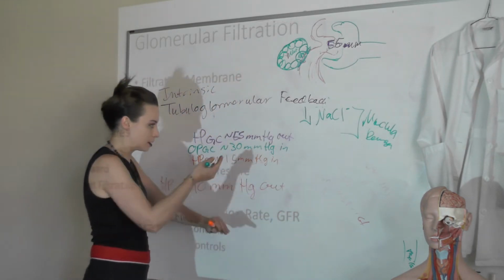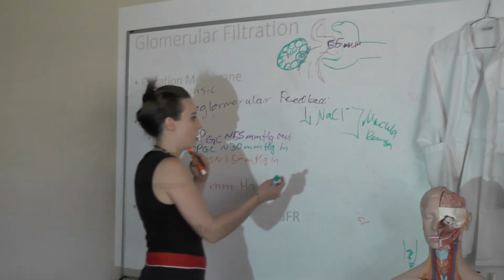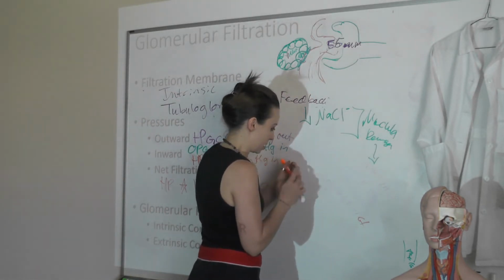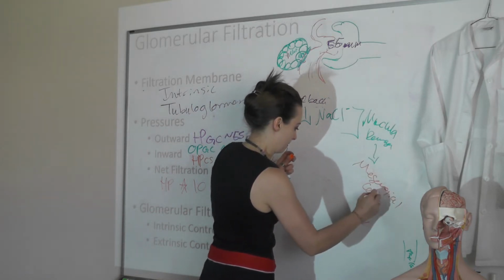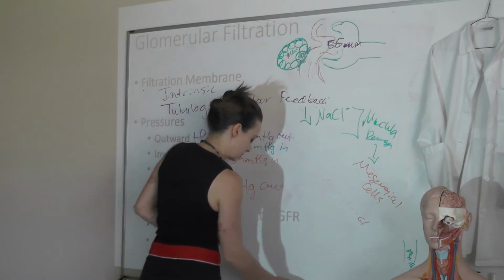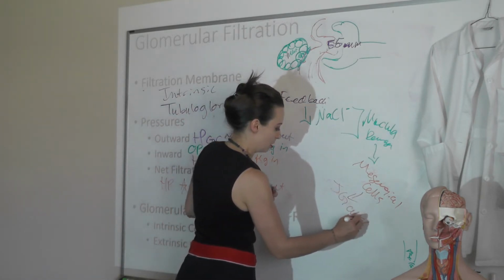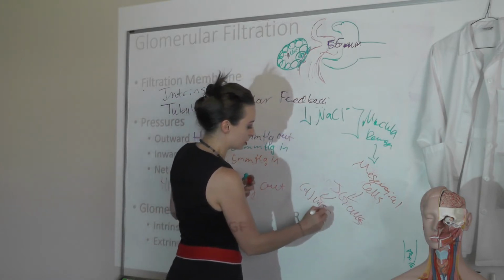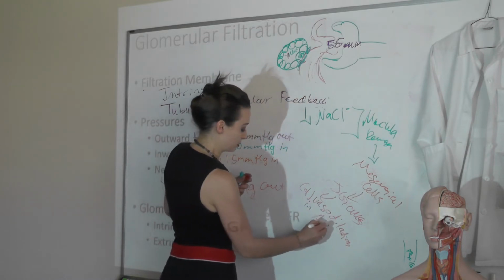Well, that my GFR is too low. I'm not making enough. So I am going to tell my mesangial cells, who are going to tell my JG cells, who are going to stimulate vasodilation in my afferent arteriole.